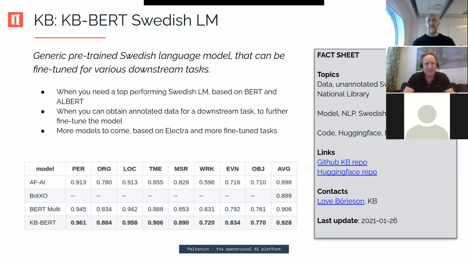So similar to the other model, if you need a model that you want to fine tune for your specific use case, if it's question answering, classification, sentiment analysis, named entity recognition, or summarization, or who knows, then it could be a good idea to talk to these people and see if you can start from this model and then fine tune it further for your problem.